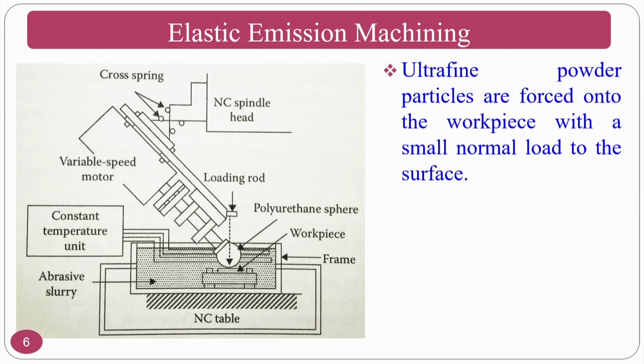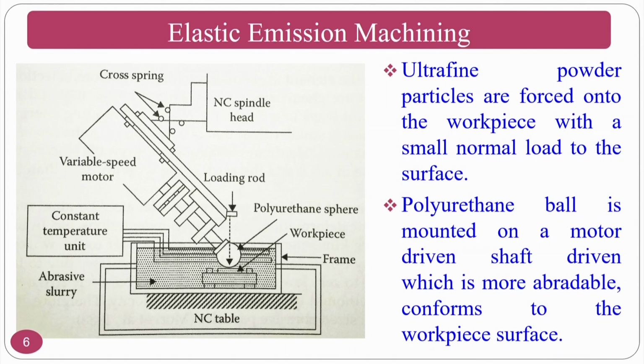If you see the elastic emission process, what will happen? See, there will be a polyurethane ball here. This is a polyurethane ball, which is basically a tool on a workpiece, and you can find there is a micron gap. Okay. There will be a micron gap between your polyurethane sphere as well as the workpiece.